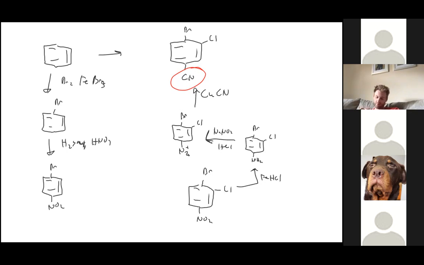And then from here, our Br is our higher priority. It's an ortho-para director. We could add this AlCl3 and Cl2. So a couple of different ways that work, a couple of different ones that don't. As long as you're following your ortho-para grouping rules, it should work out.